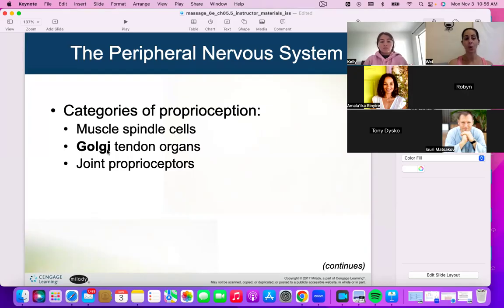You have the Golgi tendon organ. These are receptors that are at the attachments or the ends of the muscle. And then you have joint receptors. Joint receptors feel motion or change in the joint position. The Golgi tendon organs feel the stretch at the end of the muscles.